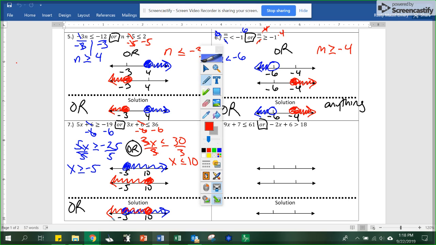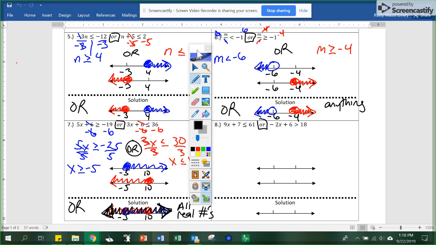Think about that number line. Everything is shaded on that number line. So for this one, this would be a good example of when we get an all real solutions or all real numbers. The whole number line is shaded. Okay, so everything works for that.